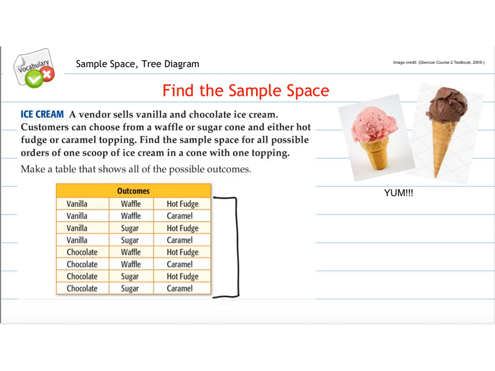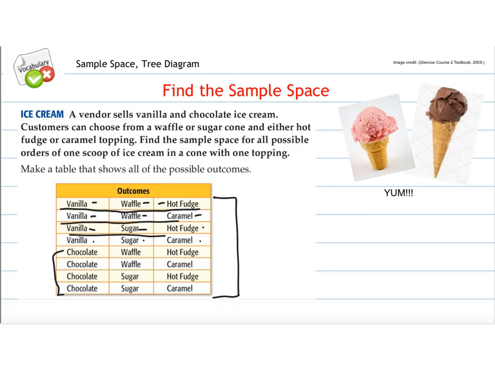So I could choose vanilla ice cream with a waffle cone and hot fudge, or I could choose vanilla ice cream with waffle cone and caramel, or I could choose vanilla with sugar and hot fudge, or I could choose vanilla, sugar, but with caramel. And then all of those same possible things with the chocolate ice creams. So now if I count, this is one ice cream cone that I can make.